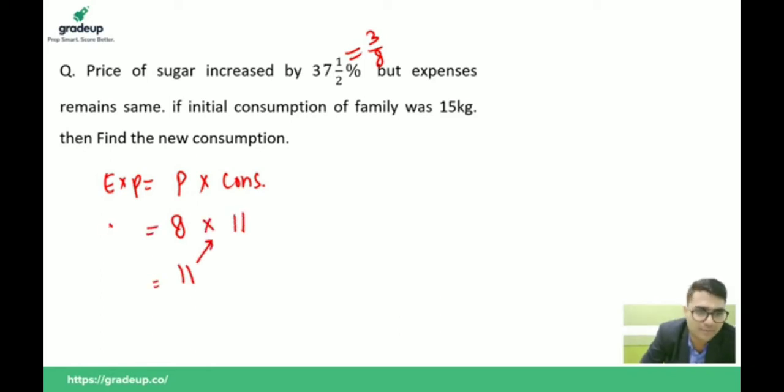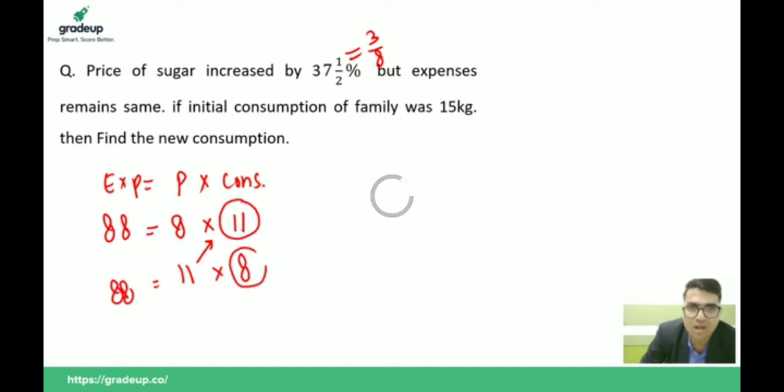Now expenditure should be 88. And expenditure remains the same here. If this is 88, this is 11, then this should be 8. So this is the initial consumption, and this is the consumption now.